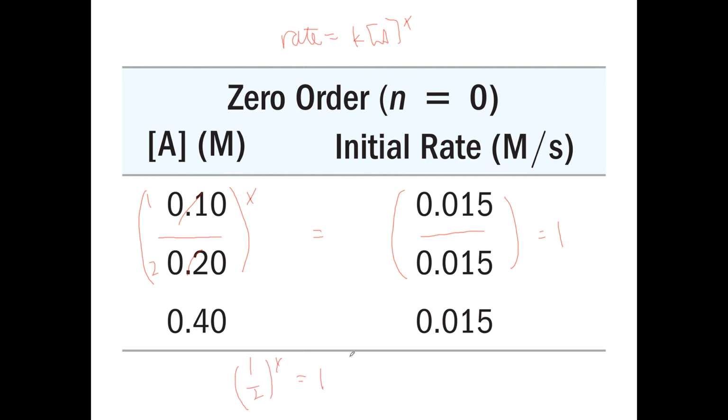1/2 to the X is equal to 1. He says, all right, let's take the logarithm of both sides. The log of 1/2 raised to the X is equal to the log of 1, which implies that X log of 1/2 is equal to, and the log of 1 is 0, right?